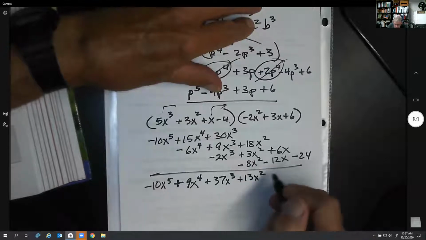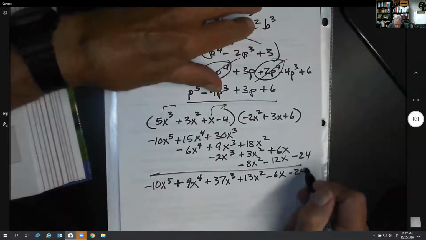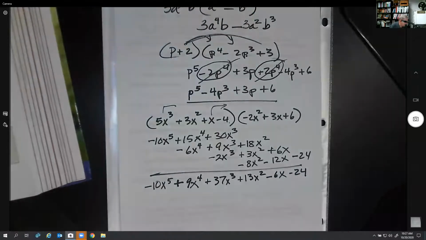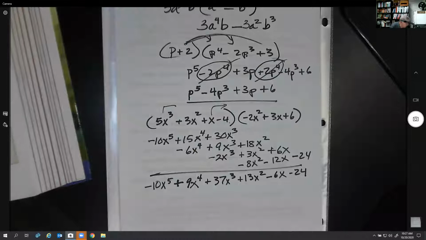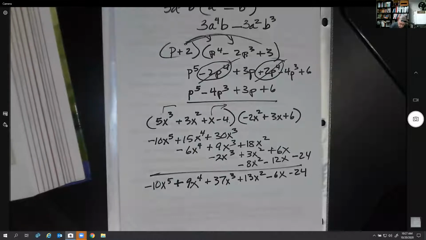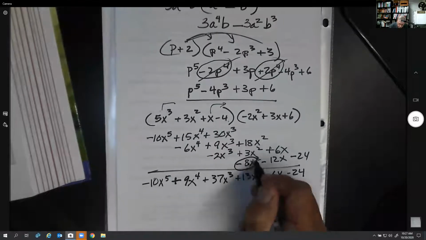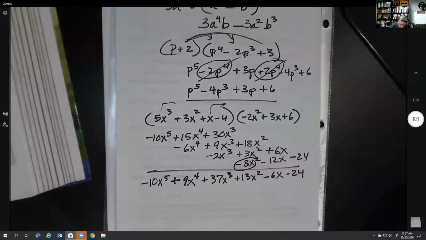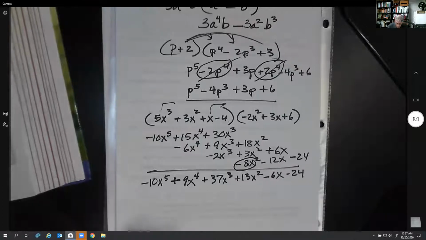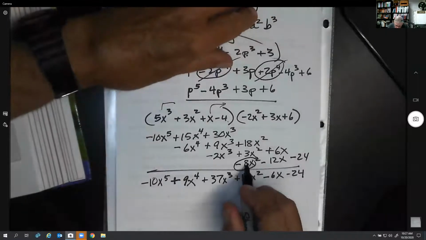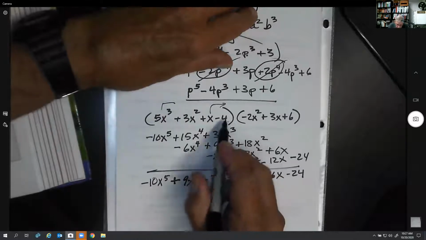Here you have a negative 6x and a minus 24. Let's see if I get lucky and get the right answer. A little mess up here. Something about my sign. This should have been a positive. What happened there? I double checked it. Minus 6x minus 24. So I made a little mistake right here when I was distributing a negative 4.